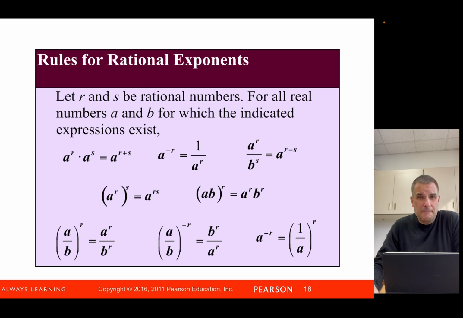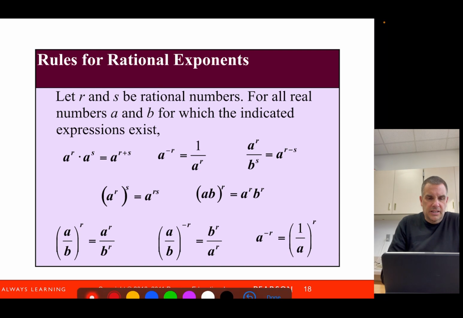So the first one is that if we take a to the r times a to the s, meaning that they have the same base, but two different exponents, what we do with those exponents, we can combine it from two down to one by adding your exponents. So if you multiply bases that are the same, add their exponents together. Okay? That's the first one.